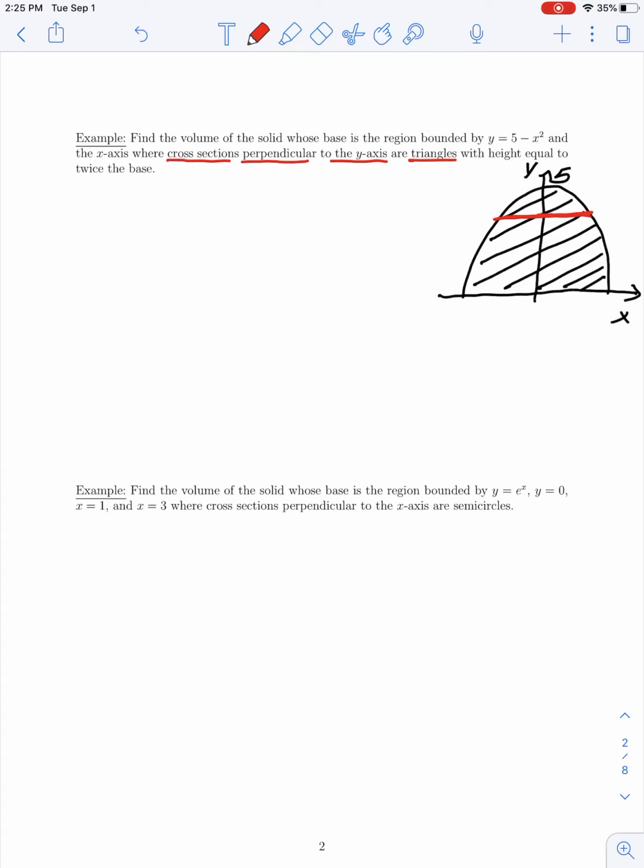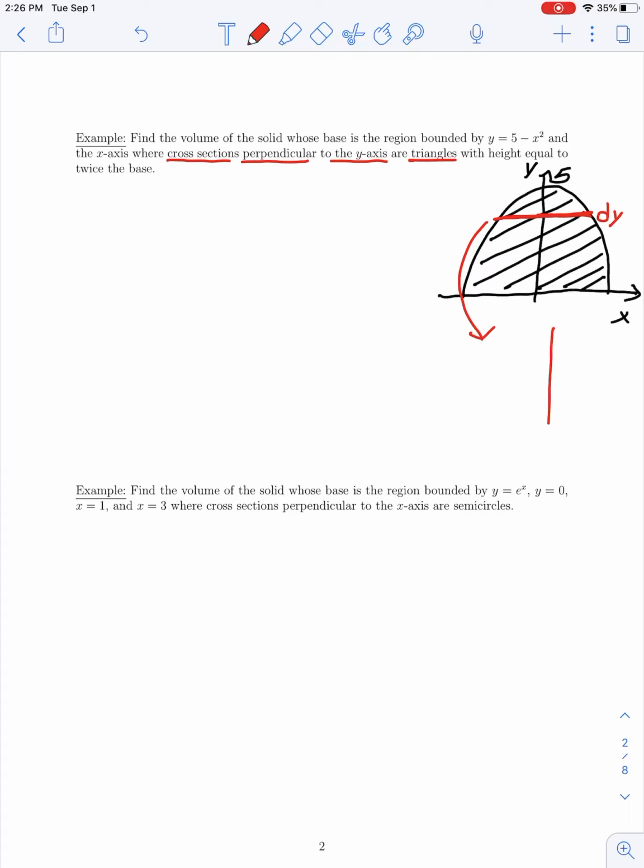And since we're slicing up our solid along the y-axis, I'm going to call the thickness of that slice dy, or the differential of y. I've got a small length along that y-axis. And I'm told that when I slice my solid in this way, I get a cross-section which is shaped like a triangle where the height is equal to twice the base.